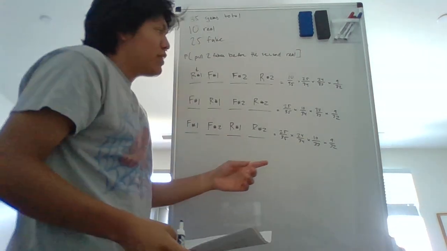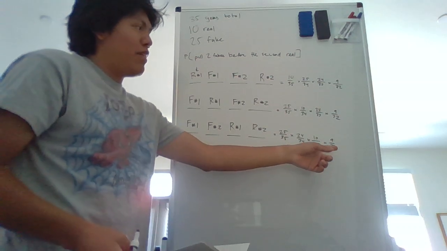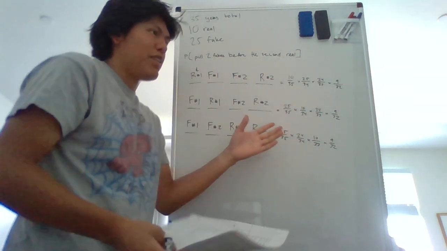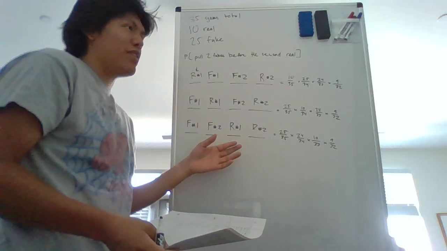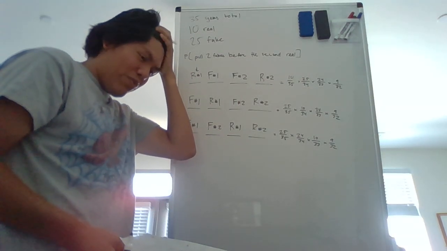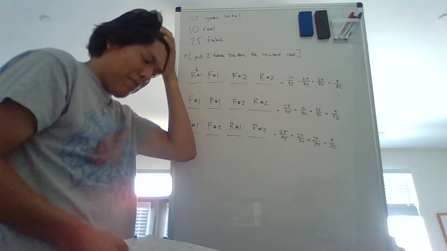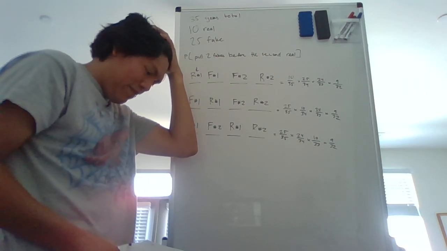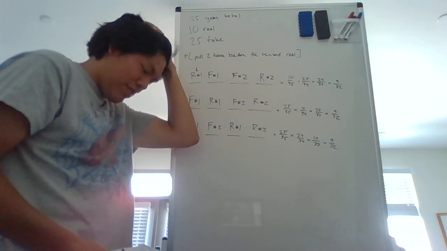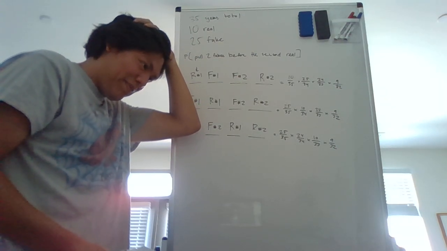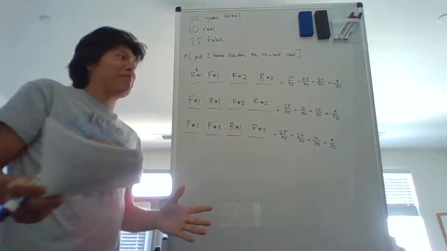So if we multiply all of these three things out, we're going to get the exact same answer. Multiplication is, oh shoot, what is it? It's like one of the rules. Multiplication is not... somebody will tell me.